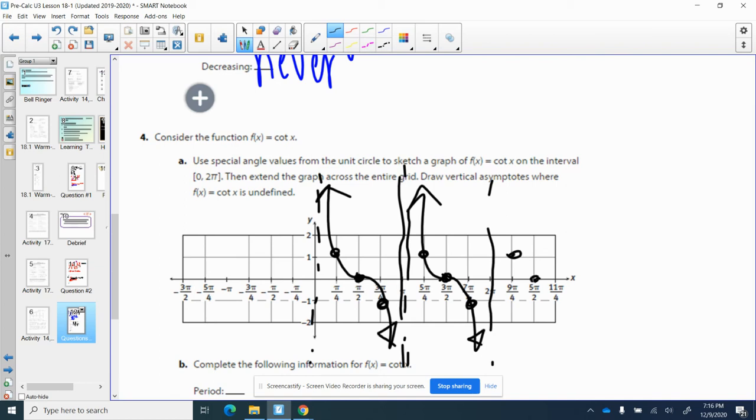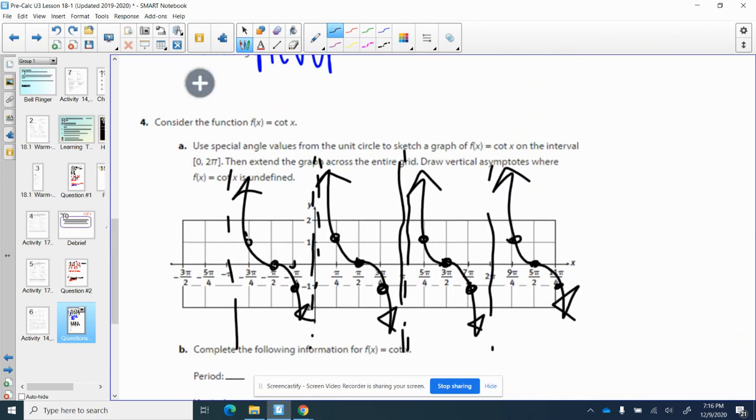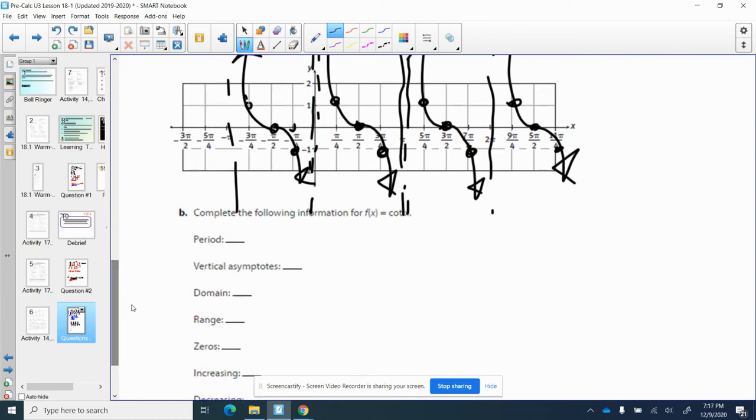And the big thing here is that this guy is always decreasing. And again, the vertical asymptotes are a little bit different than where we see them otherwise located, right? It's a little shifted over, because before our vertical asymptotes were at negative pi over 2 and pi over 2. This time we are starting at 0, okay? Period, again, is very special for tangent and cotangent.